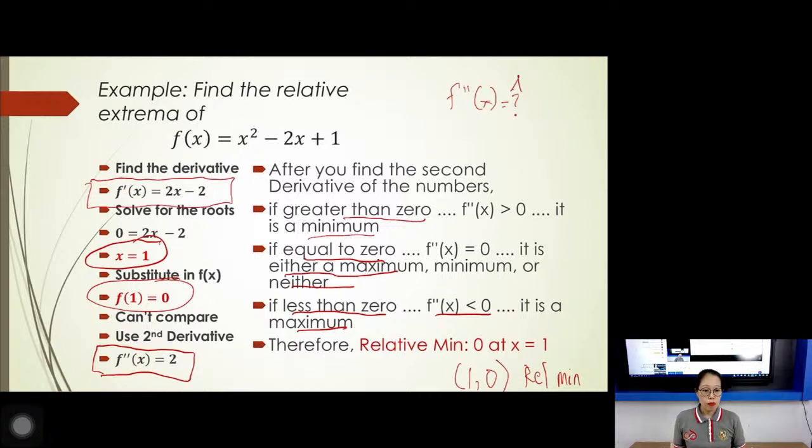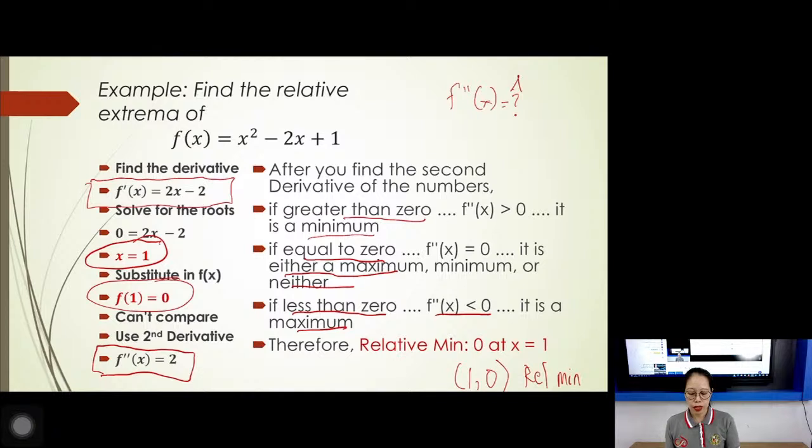So going back to our example, if we arrive with only one value of x and we cannot compare, then we need to use our second derivative to identify whether the value we got is a maximum or minimum. In conclusion, the second derivative will help us identify whether our point is maximum or minimum.